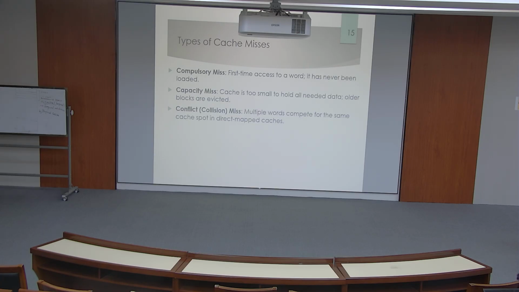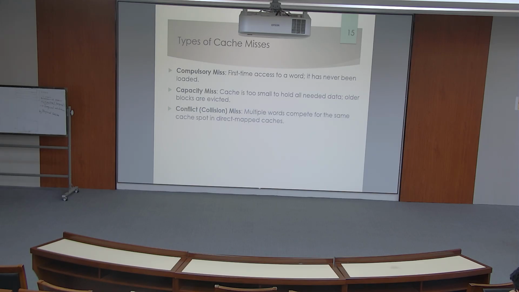Let's say we have 8 cache lines, 1, 2, 3, 4, 5, 6, 7, 8. We have this cache memory, and it has 8 lines, 0 up to 7.